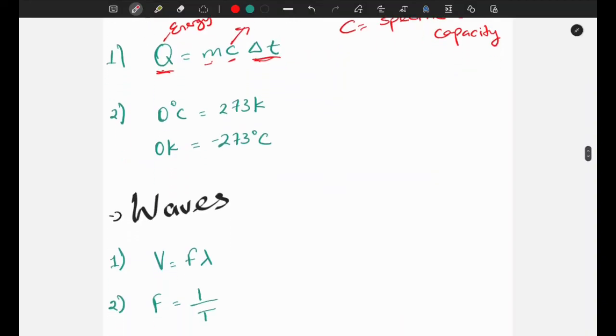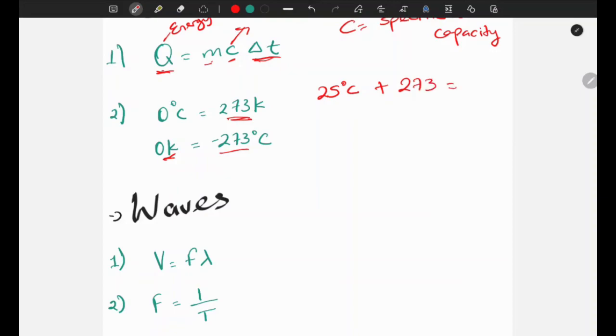The next one is conversion between degrees Celsius and Kelvin. So 0 degrees Celsius is 273 Kelvin, and 0 Kelvin is minus 273 degrees Celsius. To convert, if we have 25 degrees Celsius, we just add 273 to find it in Kelvin.